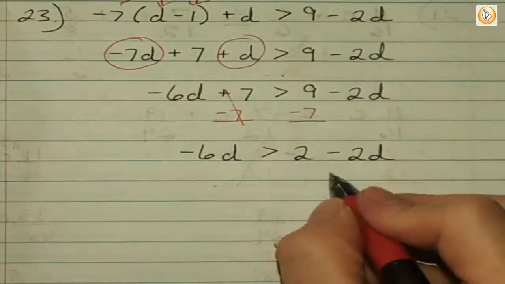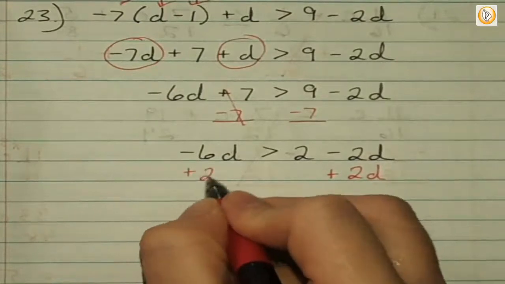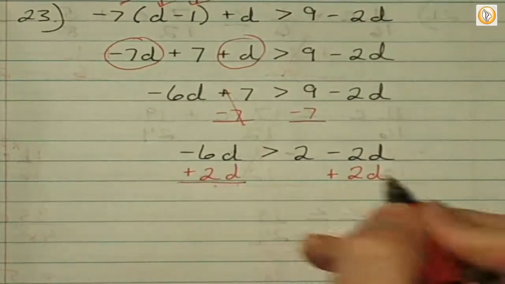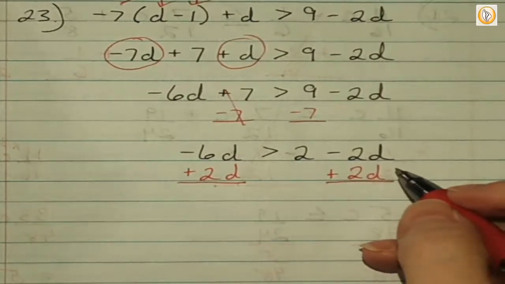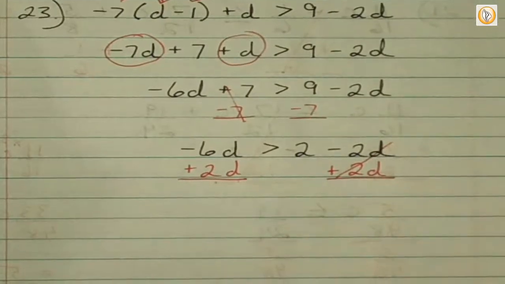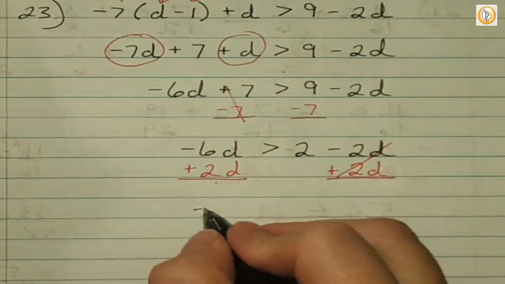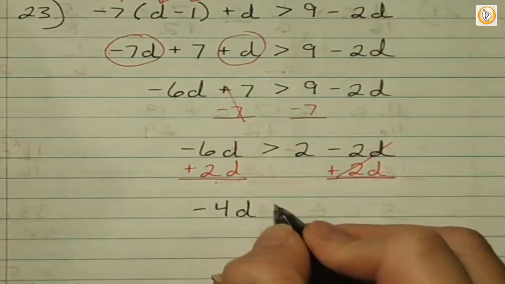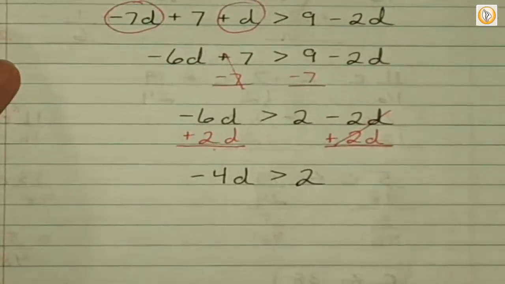And then you can add 2d to the negative 6d. Okay. Negative 6d and positive 2d is what? Negative 4d. Greater than 2. Now what do I do?